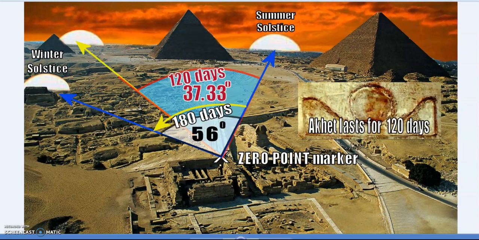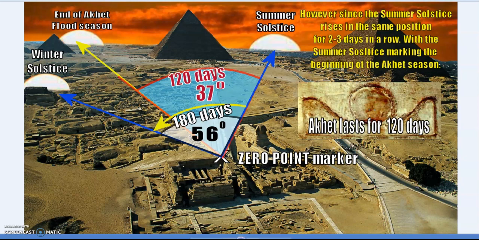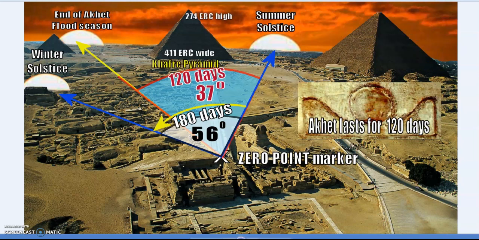Akhet lasts for 120 days, so we can simply divide 56 degrees by 2/3, and 120 days would be 37.33 degrees, simply speaking. However, how do we measure the sunset? Did they measure from the first day, or the middle, or the last day? So essentially we're looking at a 37-degree angle, somewhere between 37.33 or 36.666 degrees.